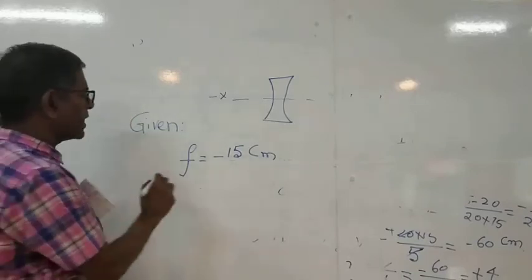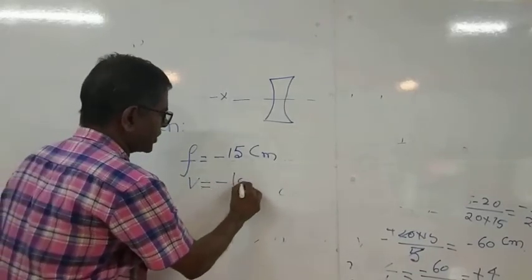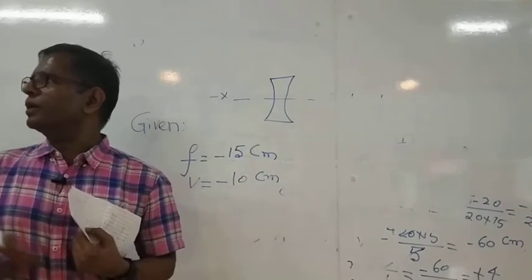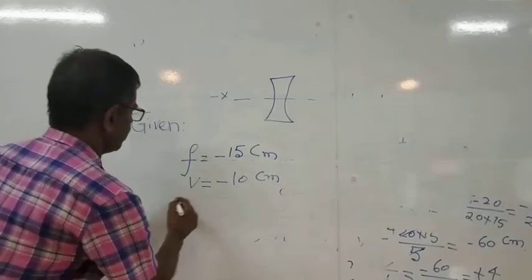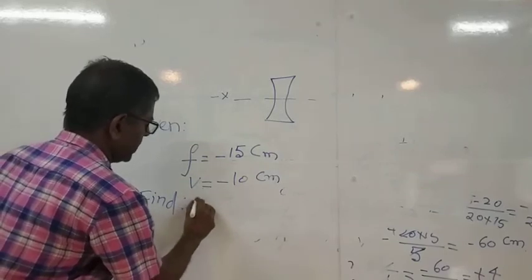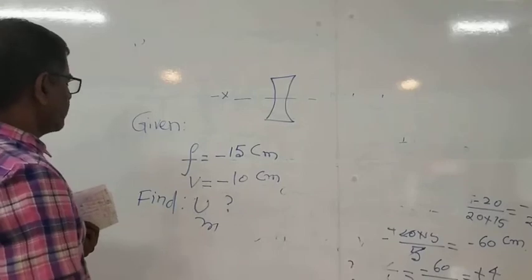So you have to be very careful. So V you have to write as minus 10 centimeter. What you have to find out is the object distance and the magnification, so you have to find U and M.